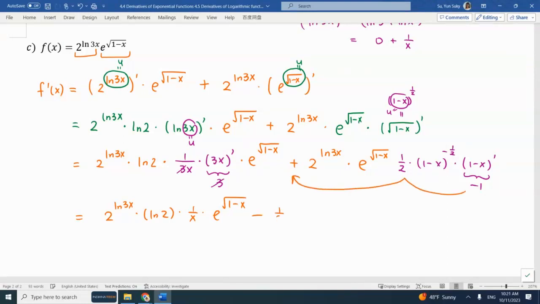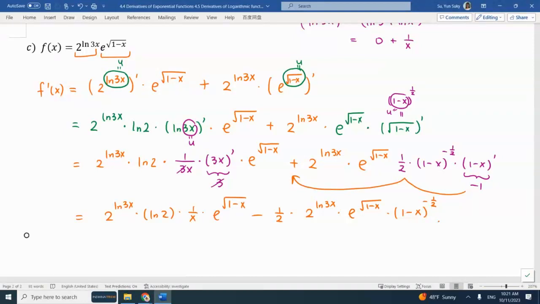So minus, I can also move the 1/2 in front. 2 ln 3x, e to the square root 1 minus x, and then this is 1 minus x to the negative 1/2. So this is the answer. Question. Can I cancel this 2 and this 2? No. Okay? We cannot cancel this. Alright. So you can leave your answer like this.